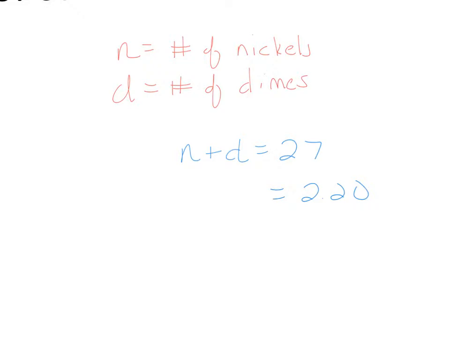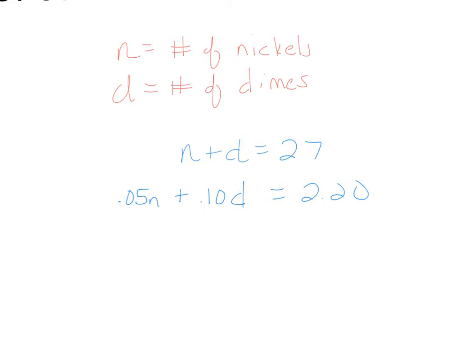All right, so they expect you to understand that a nickel is 5 cents, and we do that by 0.05. Don't just put a 5 down. If you put a 5 down, then that's $5. So 0.05 N, and then a dime is 10 cents, so 0.10 D. All right, so again, now it works with money, money, money on all three parts. It's just they expect you to know this part.